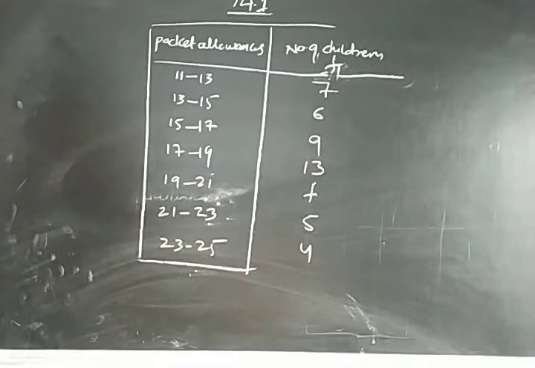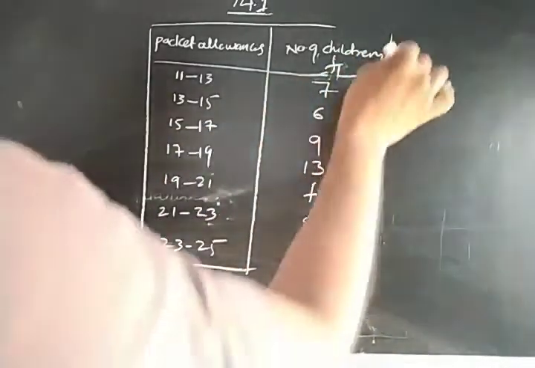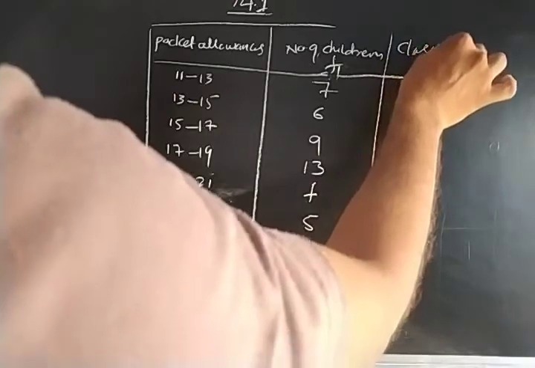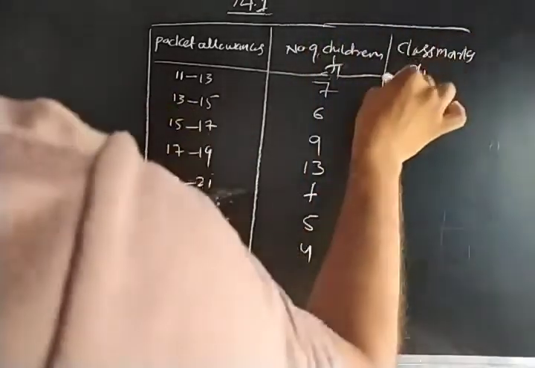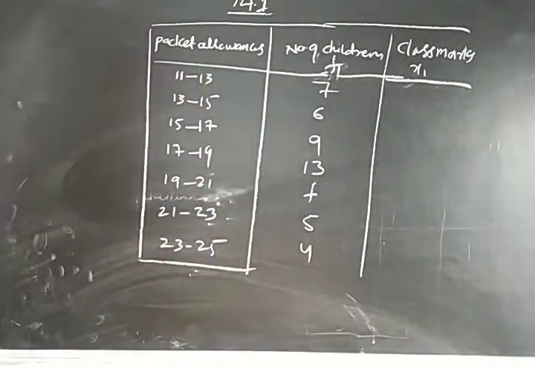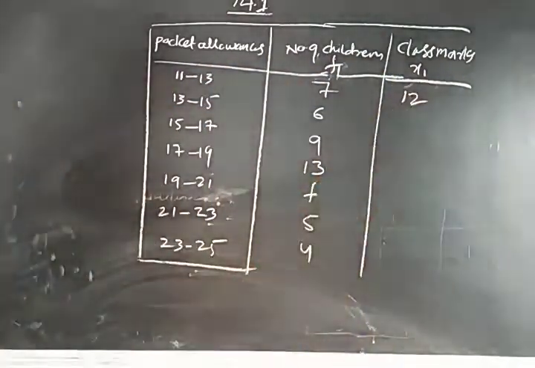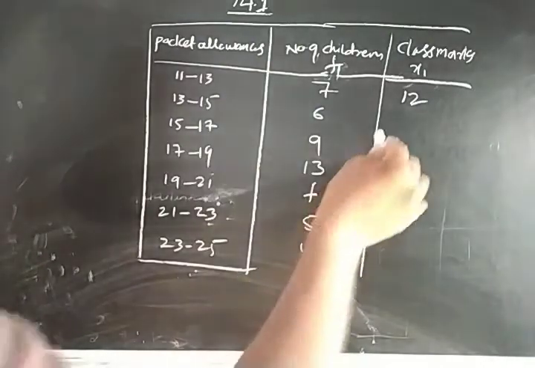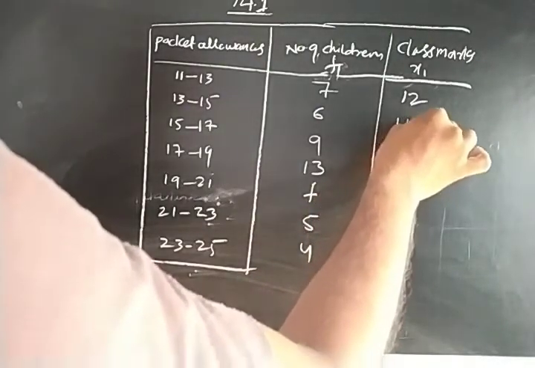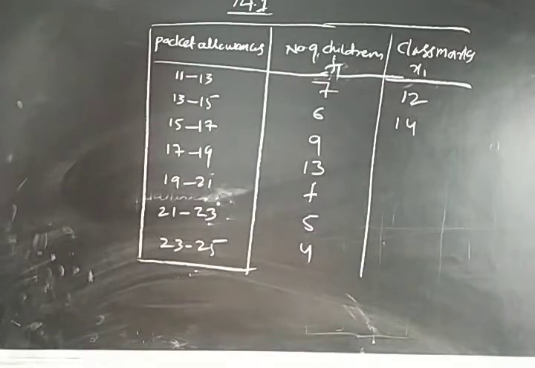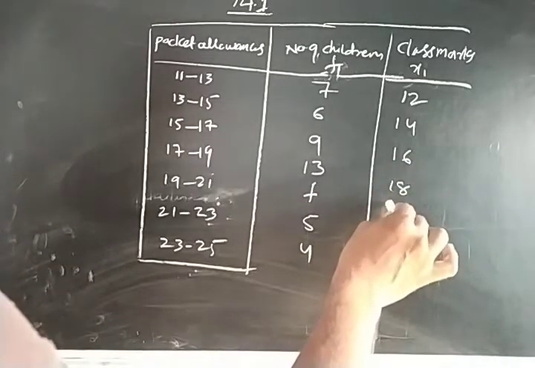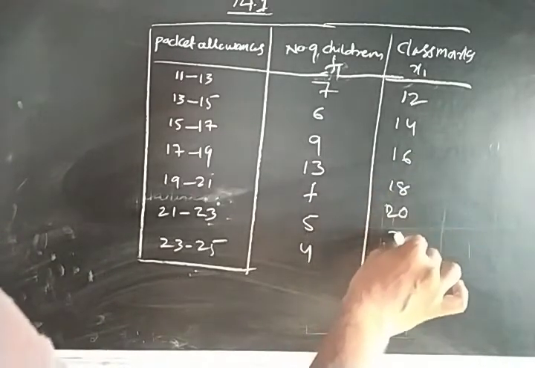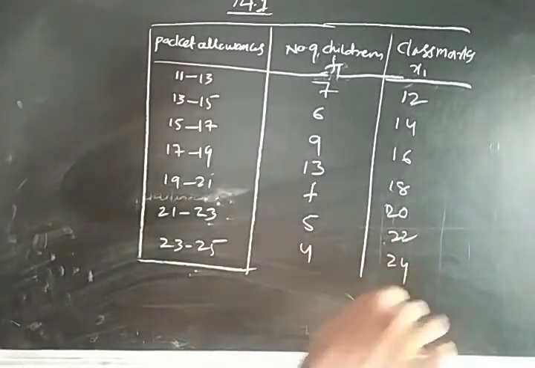Now I am finding the class marks, denoted by Xi. 11 plus 13, 24 by 2, 12; 13 plus 15, 28 by 2, 14; 16, 18, 20, 22, 24.